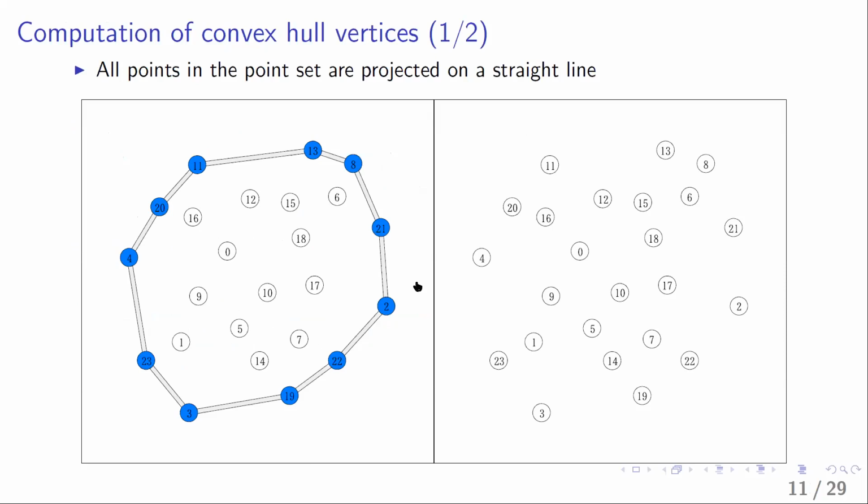Next, I will explain the computational method of convex hull vertices in the proposed method. The figure on the right shows a point set, and the figure on the left shows the convex hull. First, all points are projected onto a straight line as shown in the figure.